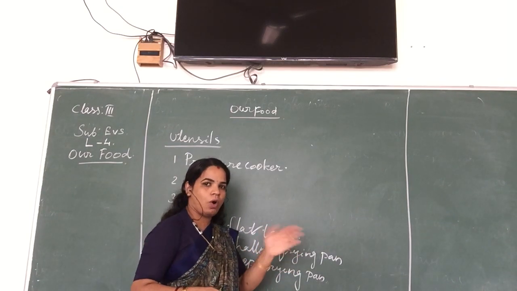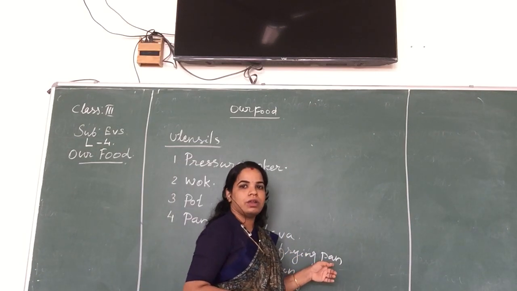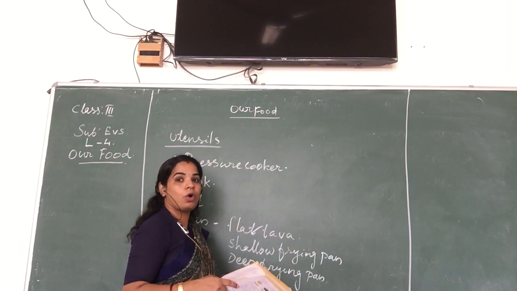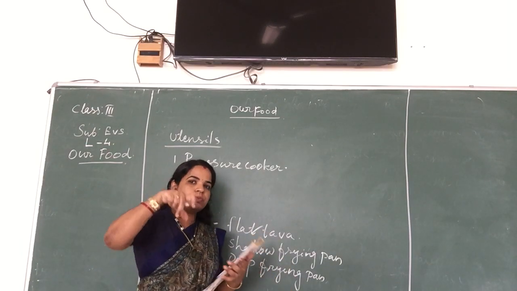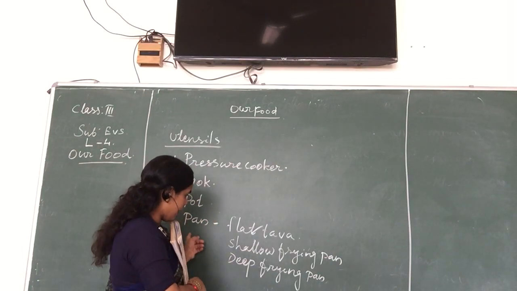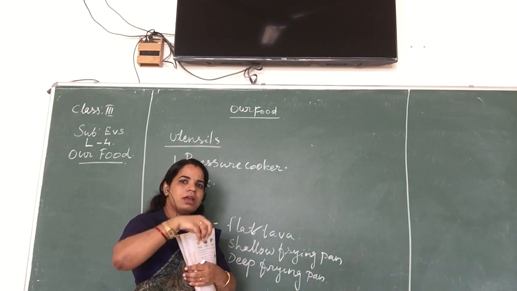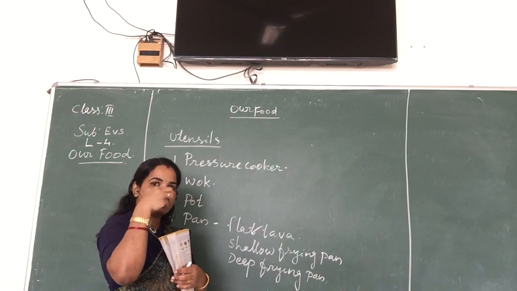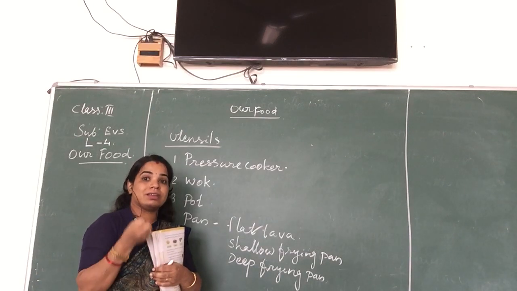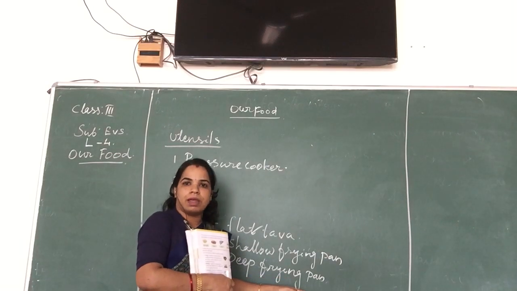And the deep frying pan: if we need to make samosa or puri, we need to pour more oil into the pan, so there is more oil here. And what we put in the oil gets submerged in the oil. And we get very crispy, tasty food from this deep frying pan.